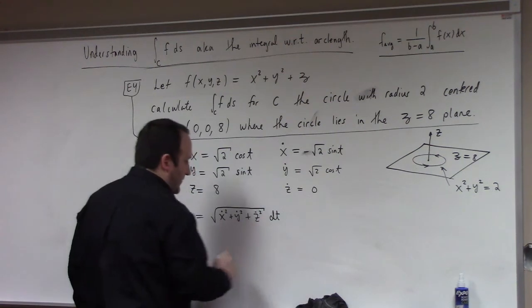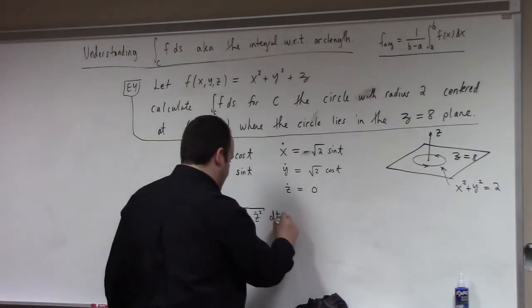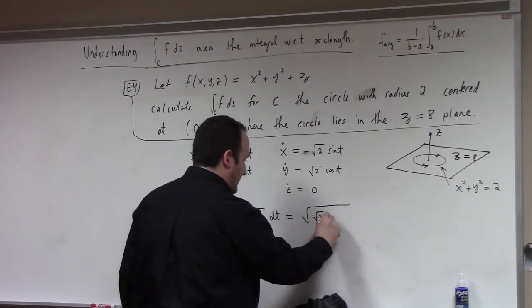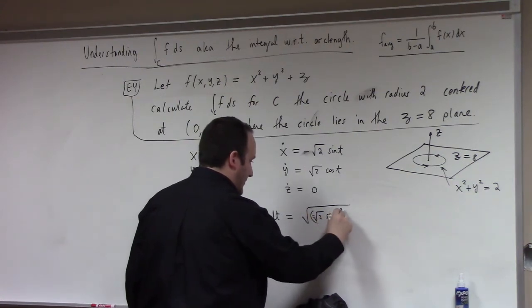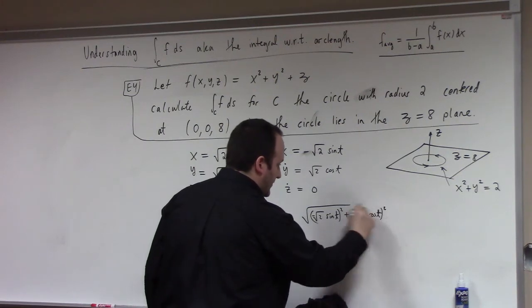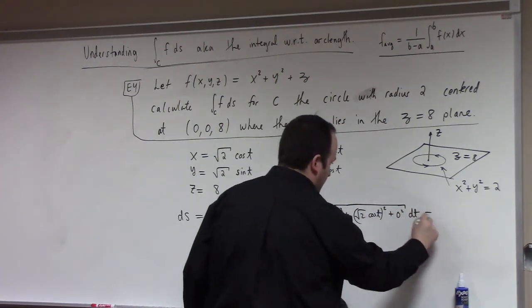I mean, you can rip the formula apart into pieces like this. And so this piece is really just going to give us what? Root 2 minus root 2 sine t squared, right, plus root 2 cosine t squared plus 0 squared dt, which is what?